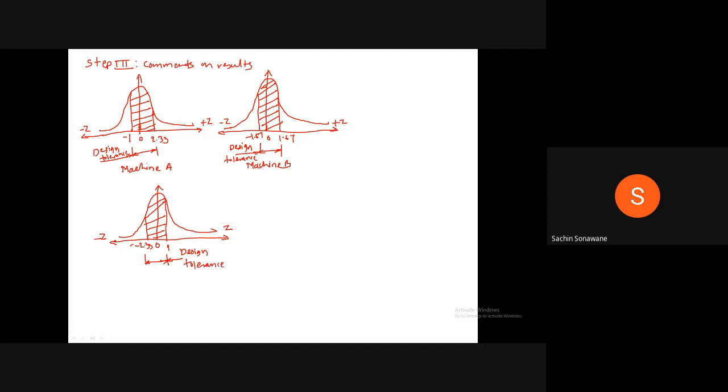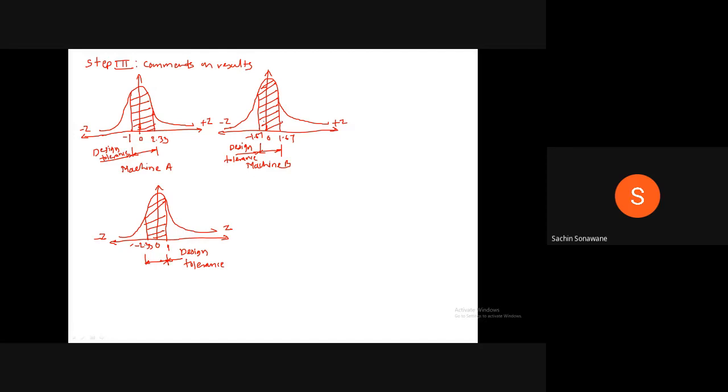Therefore, from these three graphs, we are observing that only for machine B, the process is centered.